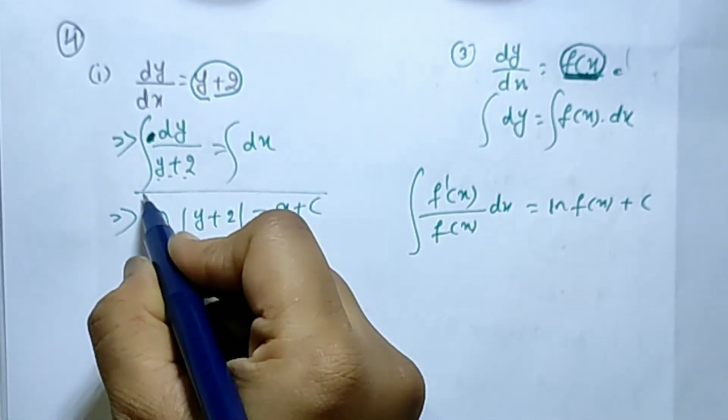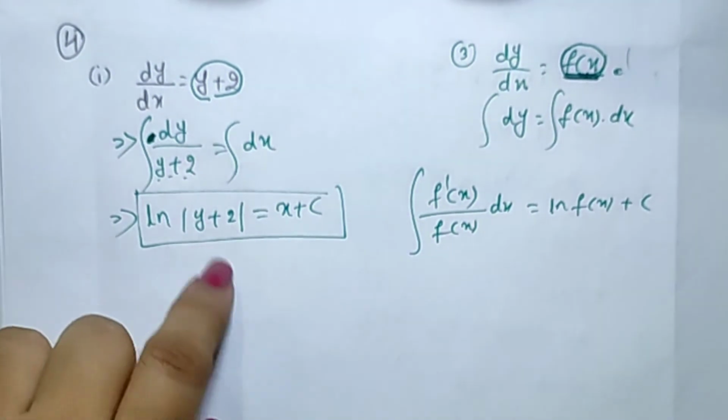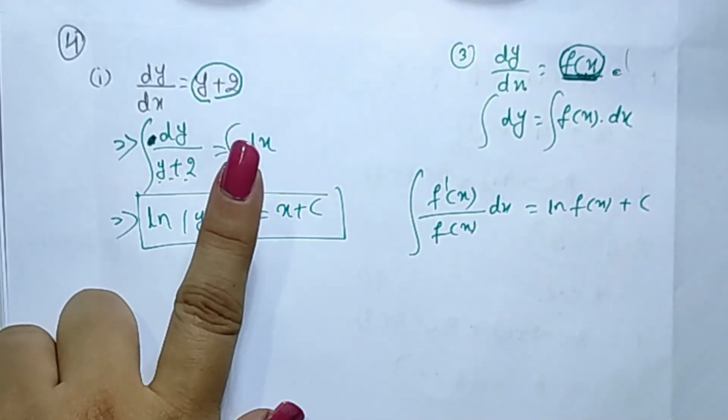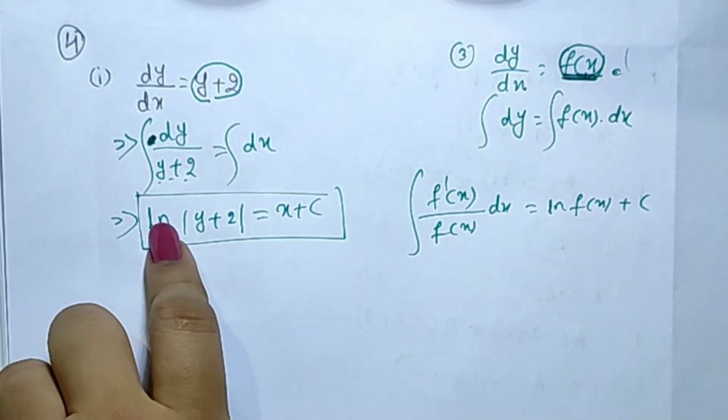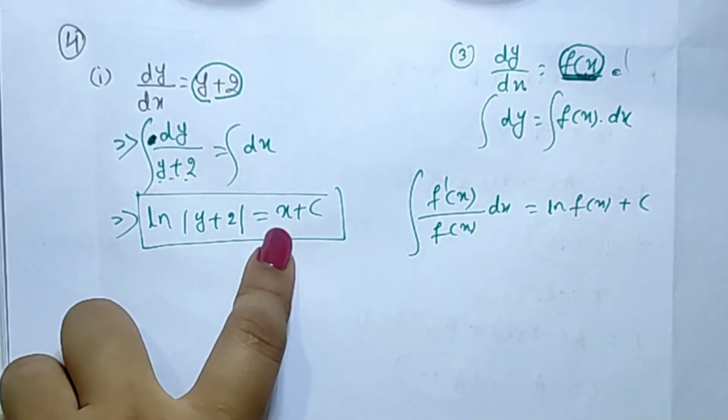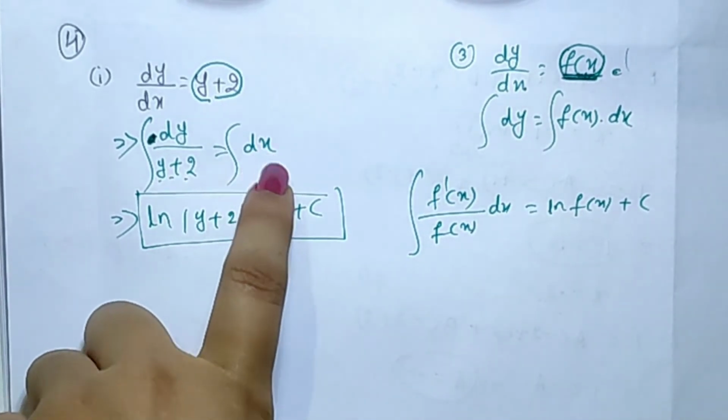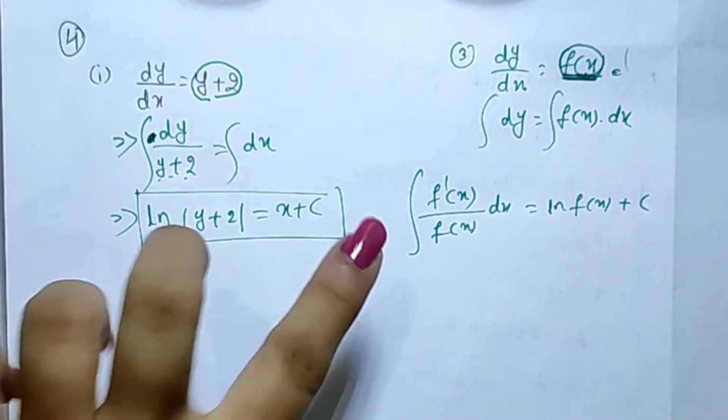This is our general solution. Because the derivative of y plus 2 is 1, which is on the numerator, I can write this as ln y plus 2 is equal to the integration of dx, which will be x plus c.